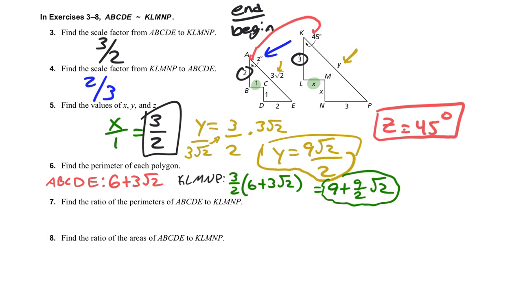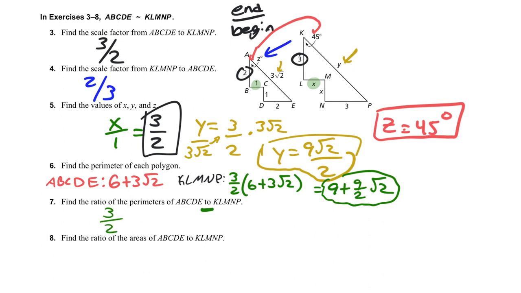Now, ratio of perimeter. Notice it says 2. So I'm going from ABCDE to KLMNP. And from our theorem that we had, it's the same as its scale factor. So notice direction. I want to find my scale factor in the same direction, which is our question number 3. So that will be 3/2.